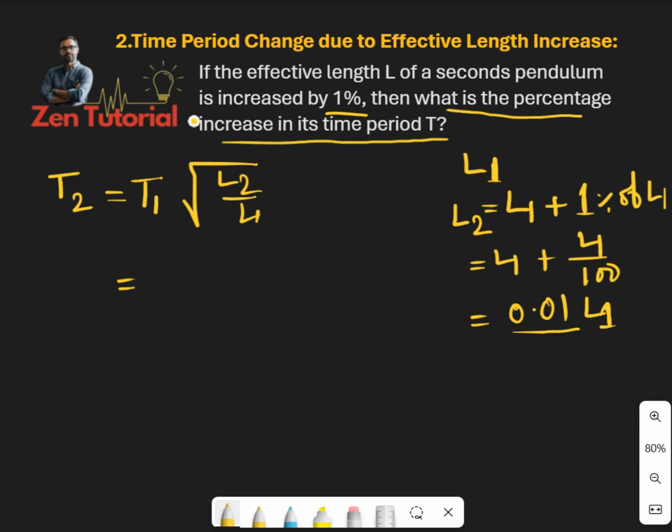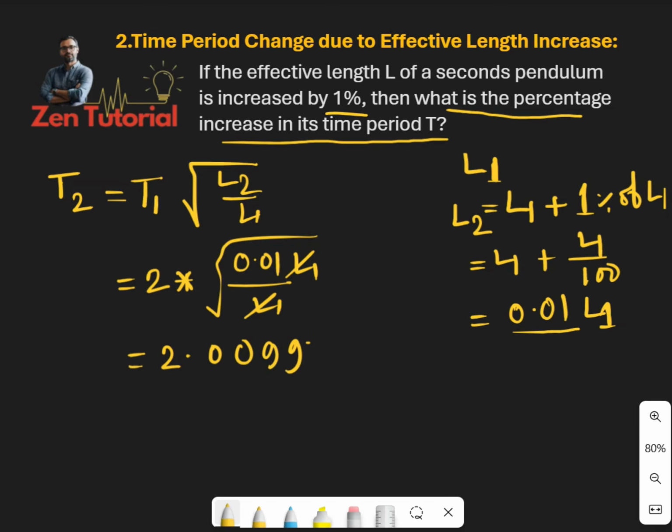So T1 is a second pendulum, so obviously the value of T1 is 2, and L2 will be 0.01 over L1, and here also L1 square root. So this one cancels out. So the total value will be, after calculating by the calculator, 2.00997 seconds.